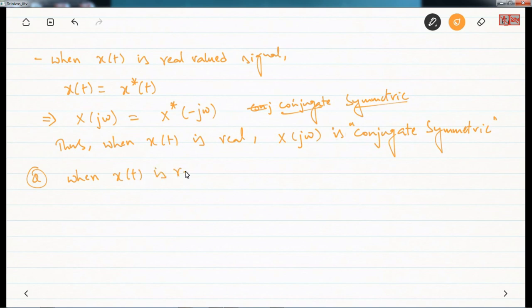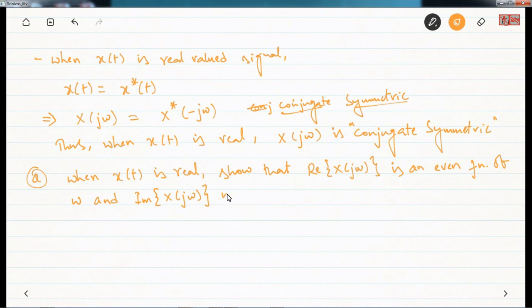When x of t is real, show that the real part of its Fourier transform is an even function of omega, and the imaginary part of its Fourier transform is odd, or to be precise, it should be an odd function of omega. So how can we show this?